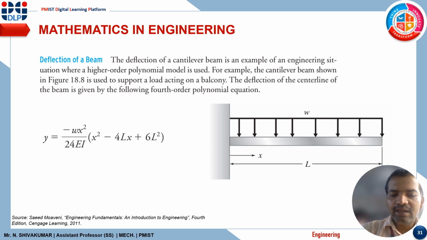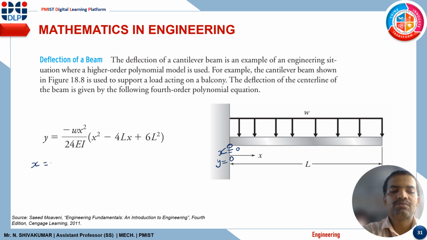Initially, what is the deflection here? At this point, if you measure at x equal to 0, what is the corresponding deflection? Y also 0. Why? When you substitute x equal to 0 here.